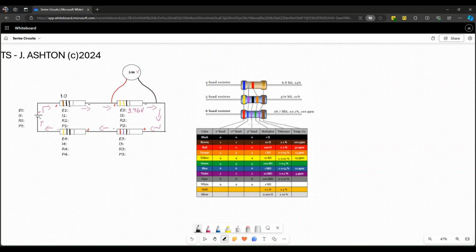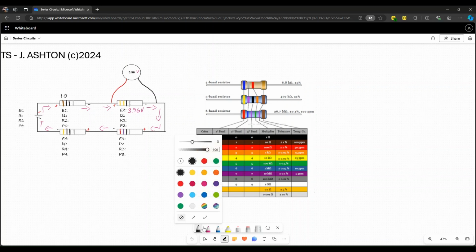Now, I'm not sure how you guys have been shown if you know how to do this. Here it kind of tells you how to multiply by, but the easiest way to do this is, okay, black represents 0. That means I don't add any more zeros to my first two combined numbers. Example, if I had brown, black, red, let's just draw it out.